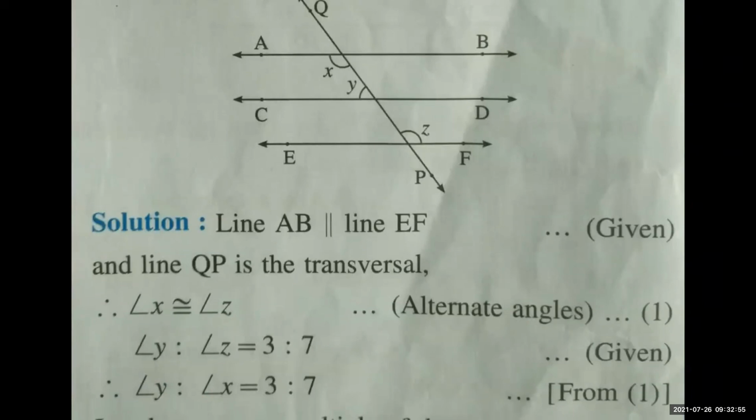Now see in the diagram carefully. If AB is parallel to EF, then the pair of angles, angle X and angle Z, are alternate angles.